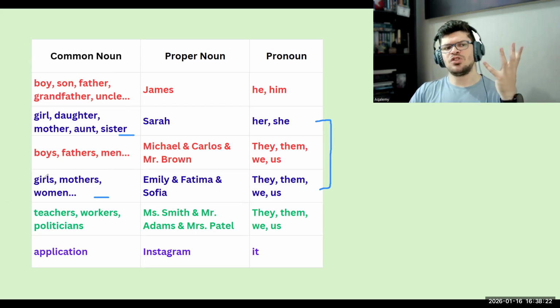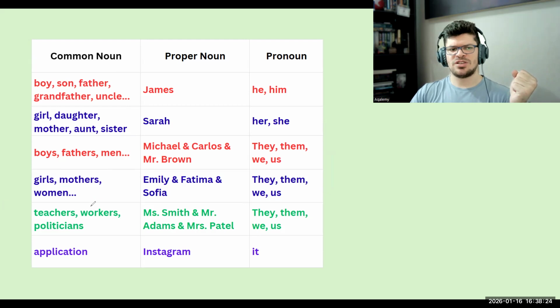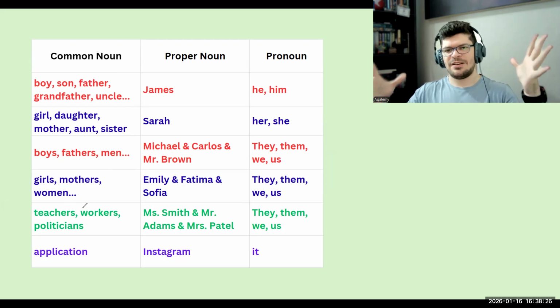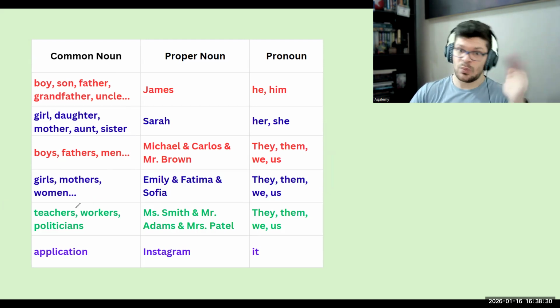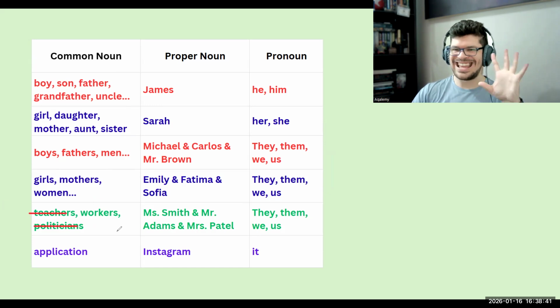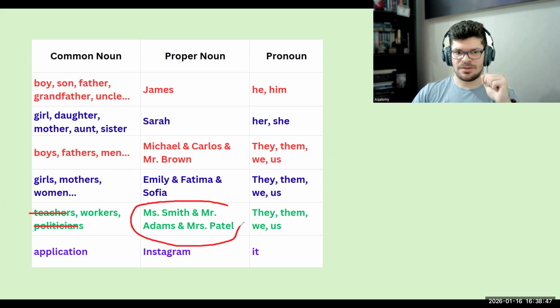Now, sometimes you will have some situation where we have male and female join, like teachers, we have male and female, workers, politicians, doctors. Maybe we talk about workers, and these workers, they have name, and they are in group. Miss Smith, Mr. Adams, Mrs. Patel.